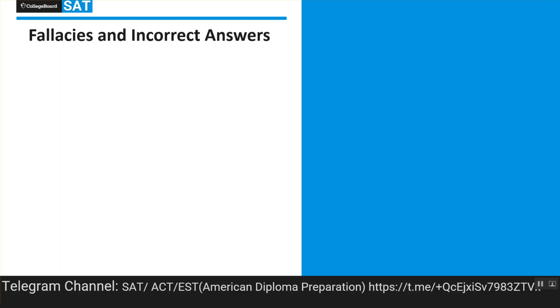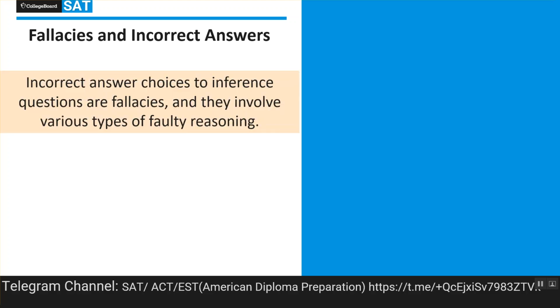Fallacies and incorrect answers. Fallacies are used in order to misguide you, so you will not be on the right track if you don't understand that these are fallacies or wrong answers. So what are fallacies? Fallacies are incorrect answer choices to inference questions, and they involve various types of faulty reasoning. What do we mean by that?